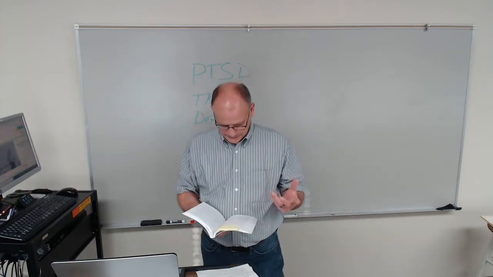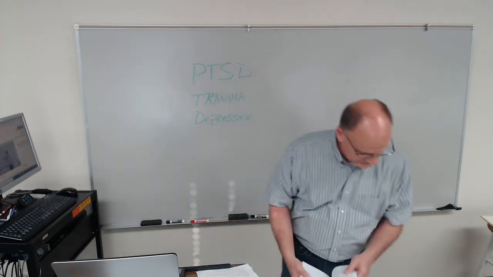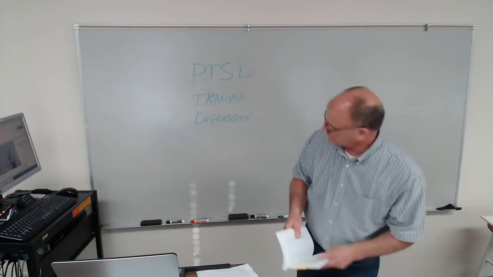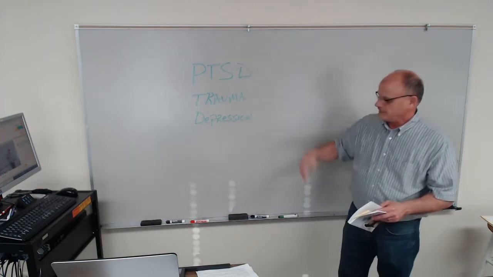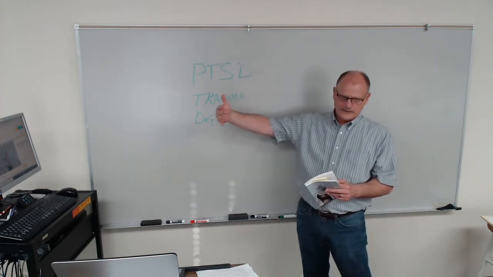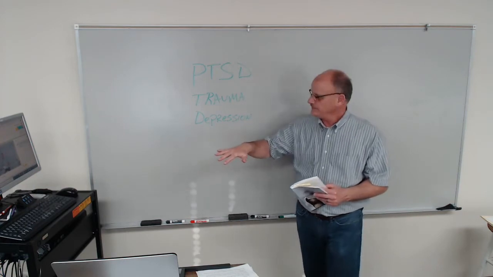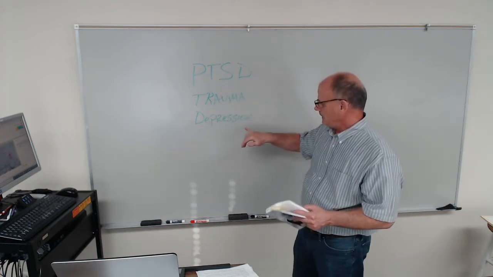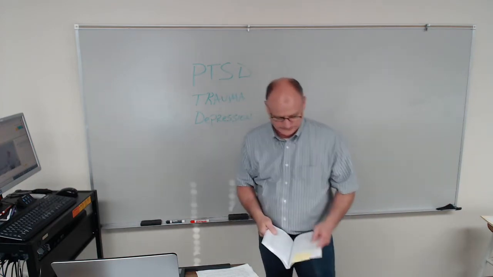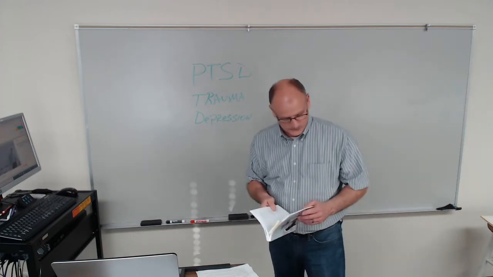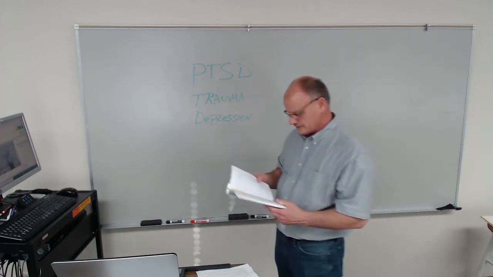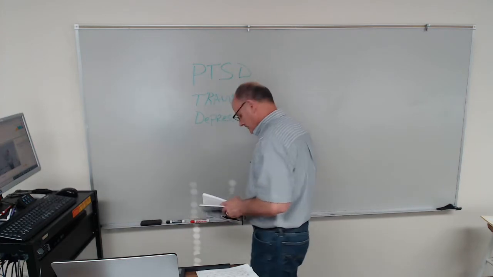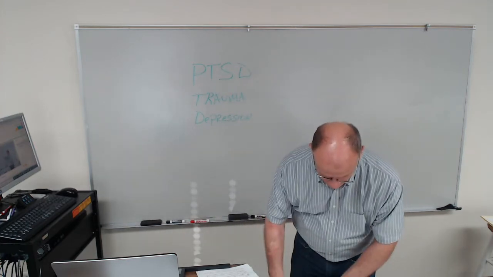So we see this right here as three possibilities of things that we need to develop a treatment plan for: PTSD, trauma, and depression. I didn't write this down too, but just some of the things here that is in this, okay?